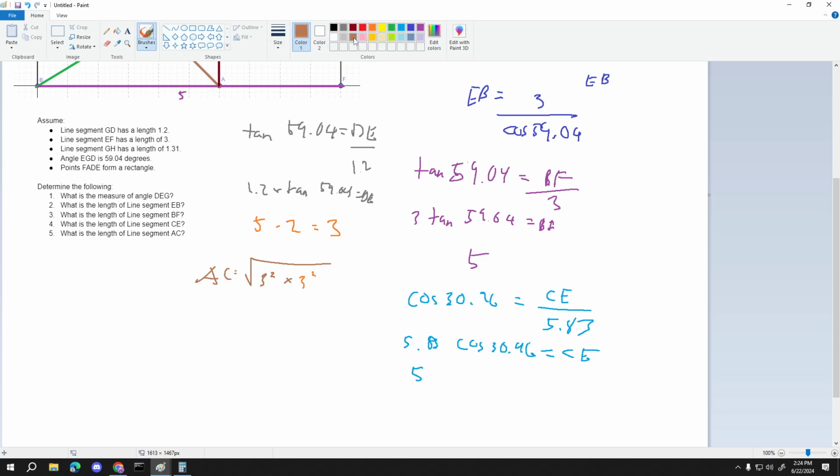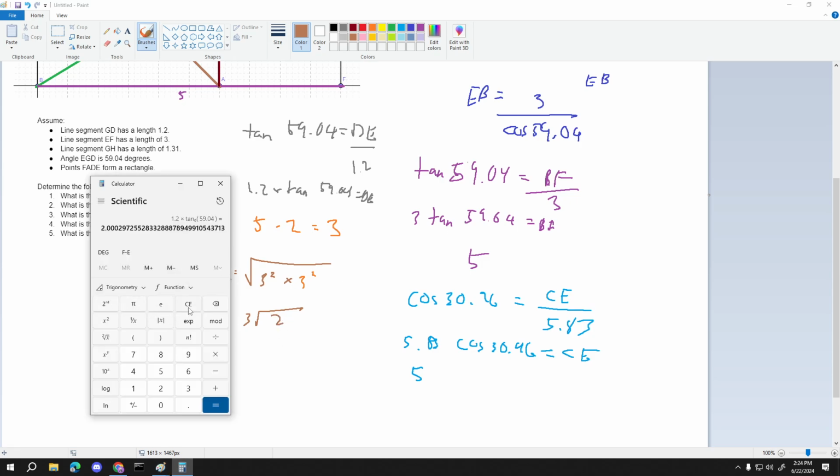Oh, sorry, 3 square root of 2. All right. So we can just do 3 times 3 plus 3 times 3, and then square root.